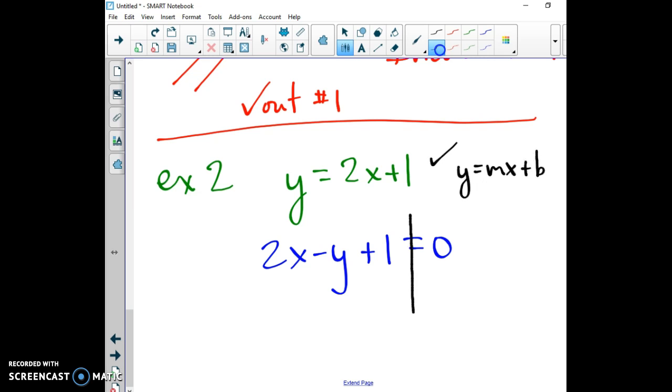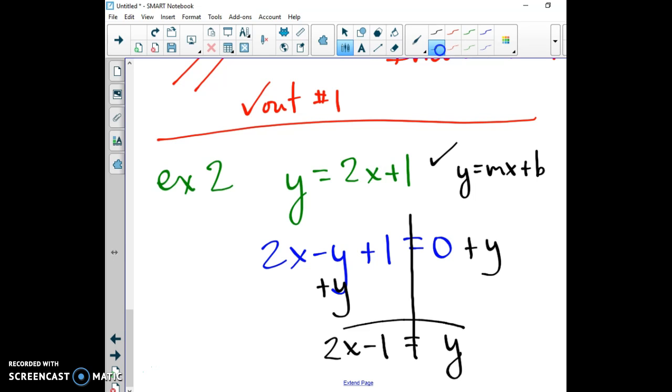So I'm going to go ahead and change the second line to slope-intercept form. And I see this. If I add y to both sides, I get y is equal to 2x minus 1.